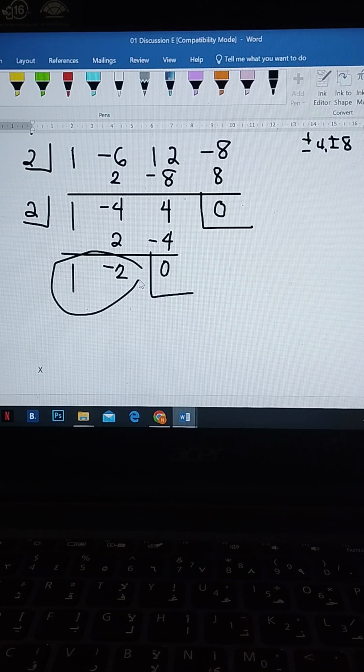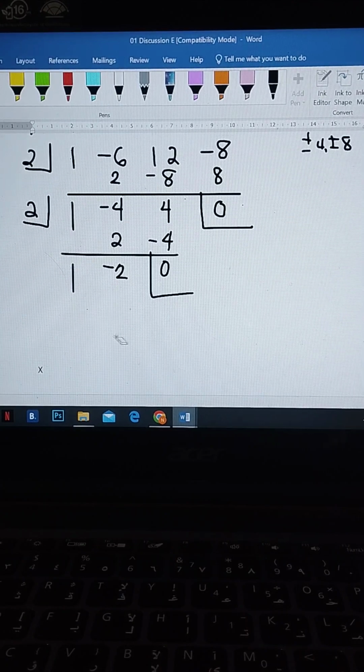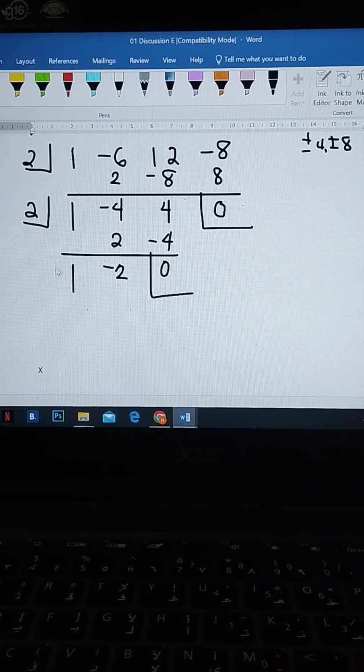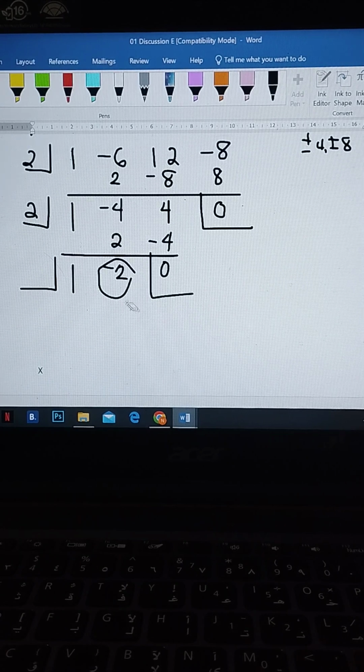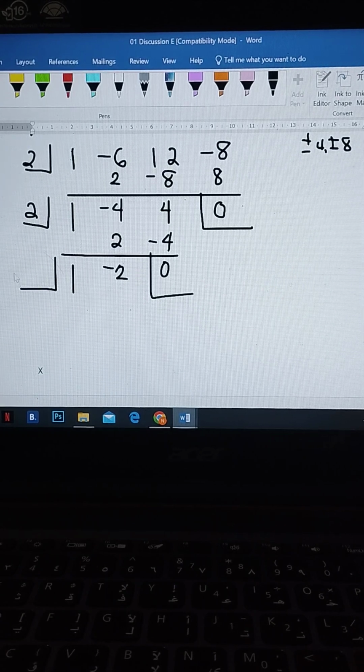So this is now a linear factor, that is x minus 2. Just get the opposite of this negative 2, that is equal to 2.